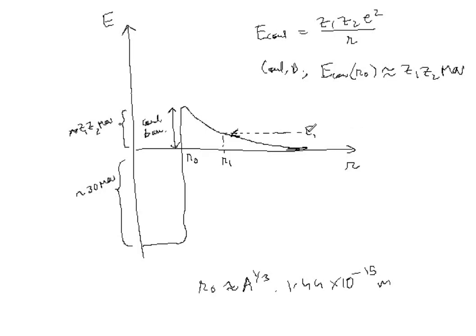It can come classically only up to a distance R1 here. So what is E1 at that time? You can say E1 is basically equal to E Coulomb at R1, right? Using this above relation.